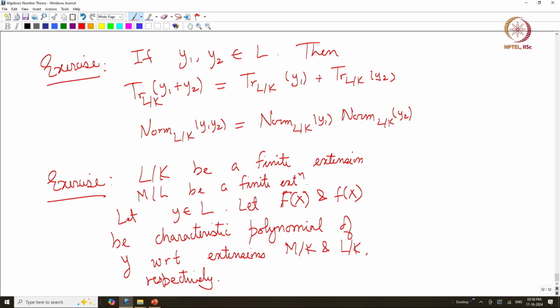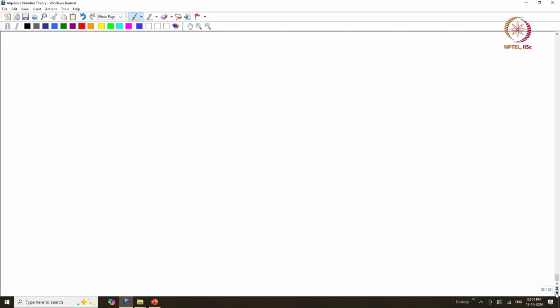So, are these related in any way? That is the question, and that is the exercise that I want to tell you. Then prove that F of x is small f of x to the power degree of M over L. Okay.